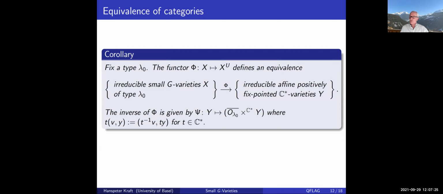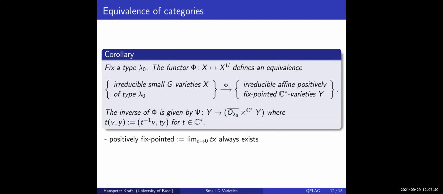Fixed pointed means the only fixed point is the only closed orbit, whereas positively fixed pointed means the limit t to 0 of tx always exists. In general, we would only know the limits either t going to 0 of tx or t going to infinity. But positively fixed pointed means this limit always exists.